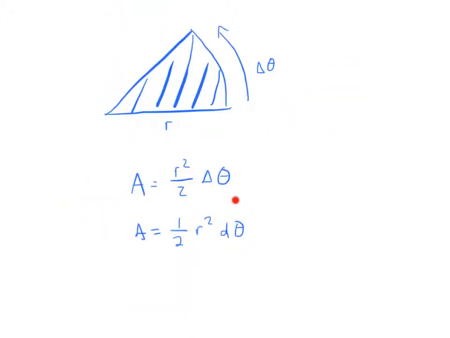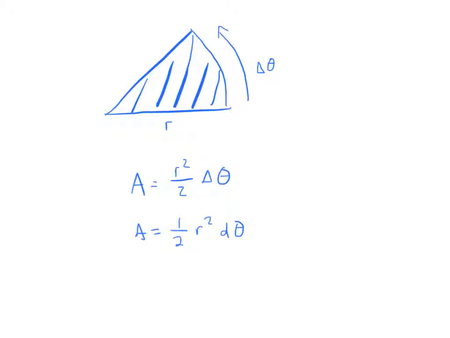So we have this formula. The thing that I've changed here, instead of having theta, this angle here: we don't know where this sector is going to be in a circle, so we can't just say that this is theta, but whatever angle this line is at and whatever angle the other line is at, we could find the difference between the two, so really delta theta is a little bit more accurate for what we're doing.